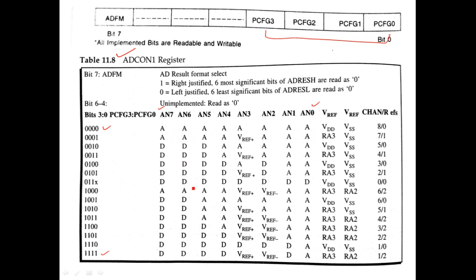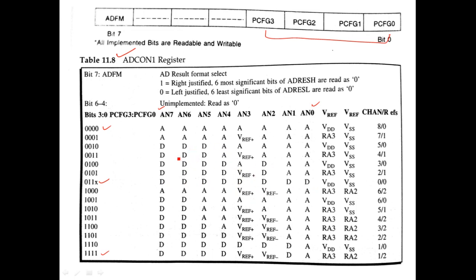For example, if you put this 011x, then you can see that all the port pins will work as digital input pins. That means no analog input signal is received. So this means that you are not using the ADC currently. All the port pins are used for digital I/O as usual. And there are a variety of options available.